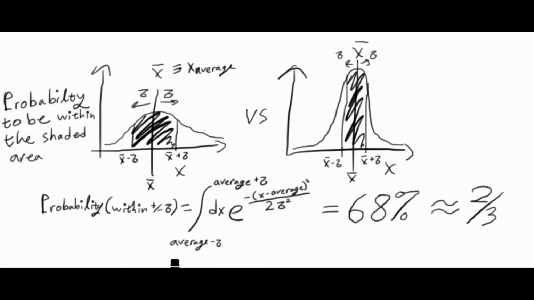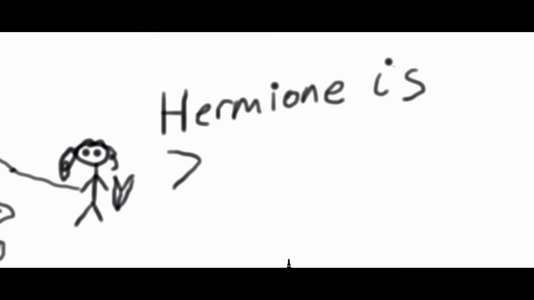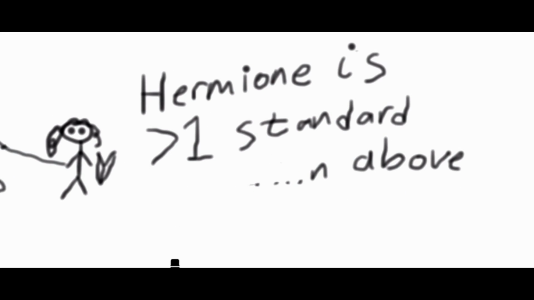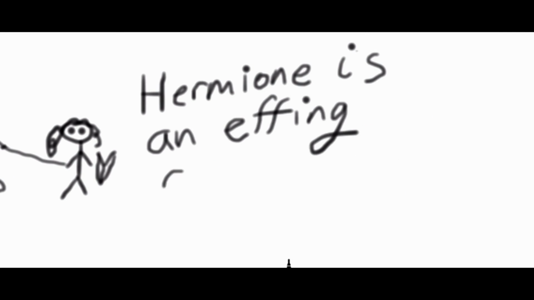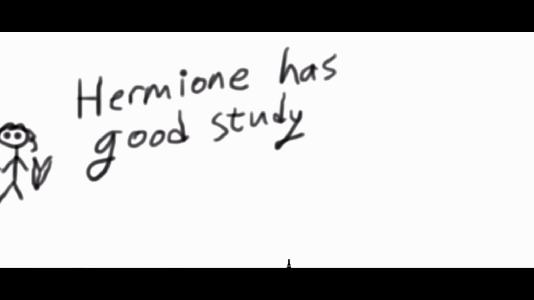And it can be solved numerically, which returns a probability of 68% that the measurement or score will fall into a range of plus or minus 1 standard deviation away from the average, meaning that about 2/3 of people are actually within 1 standard deviation of the average, which is to say about 2/3 of people are statistically average.